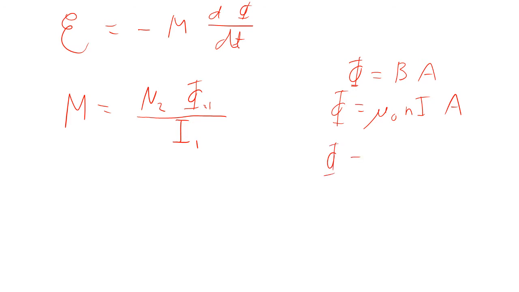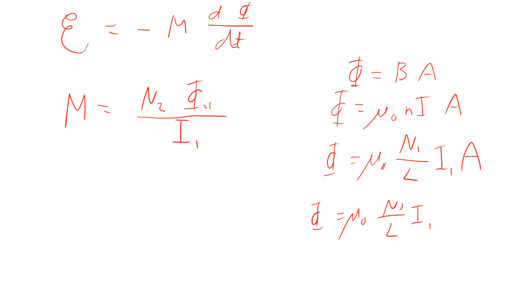Little n is the number of turns, so that'd be N1, divided by the length of the solenoid, times I1 because that's the primary, times A. A is going to be pi r squared.